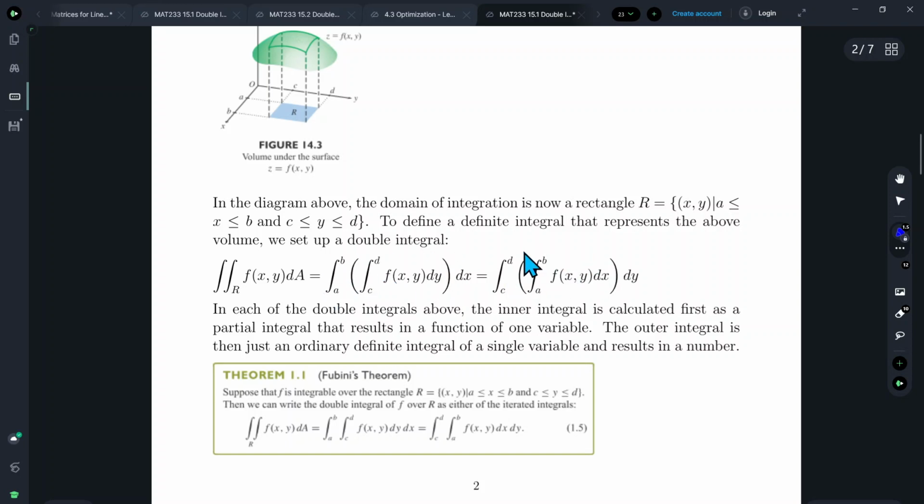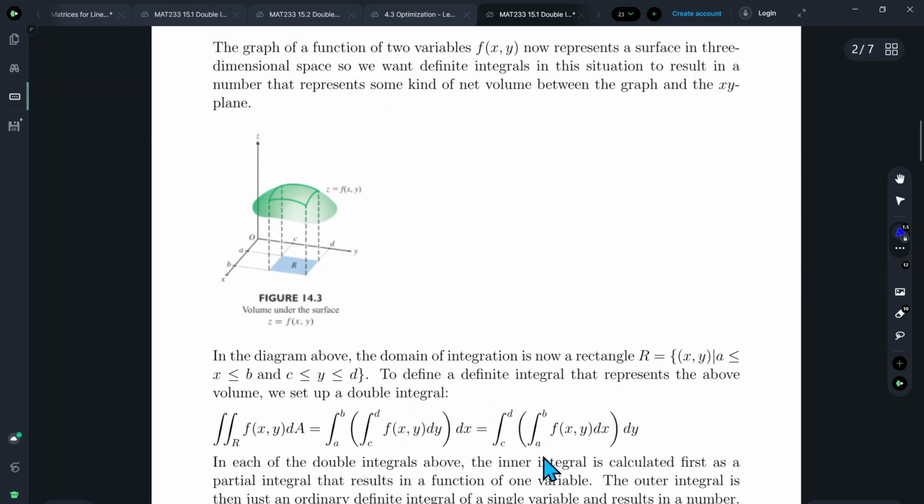You can also set up the integral the other way, where the inside integral is a partial integral with respect to x. The result of that is something containing the variable y, and then you calculate the outer integral, which is just a regular integral with respect to y.